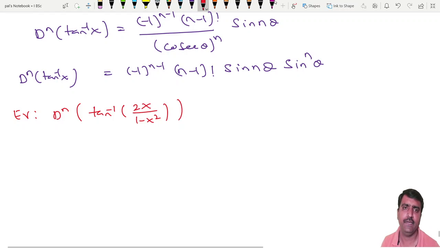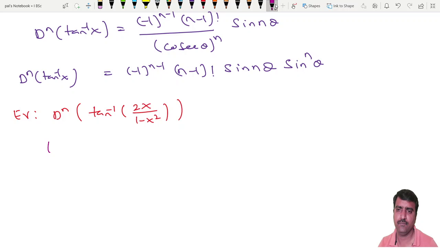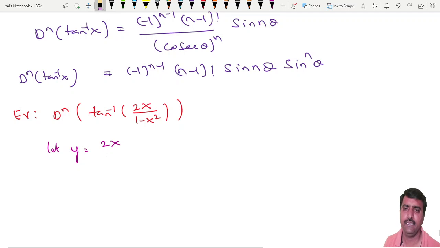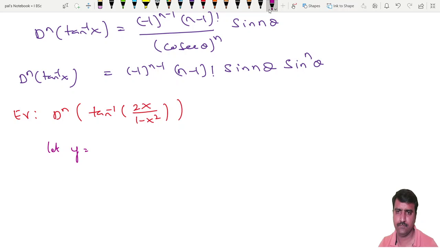You take, let y is equal to tan inverse of 2x by 1 minus x square.